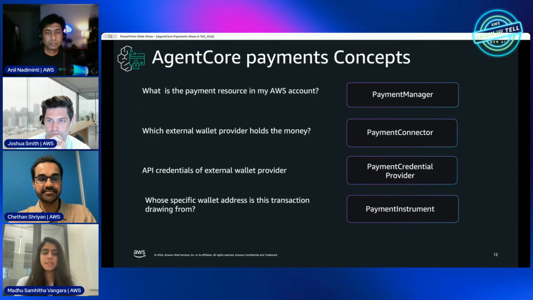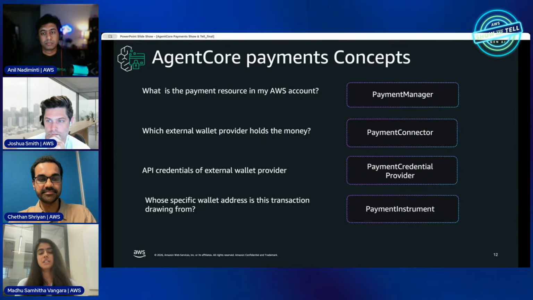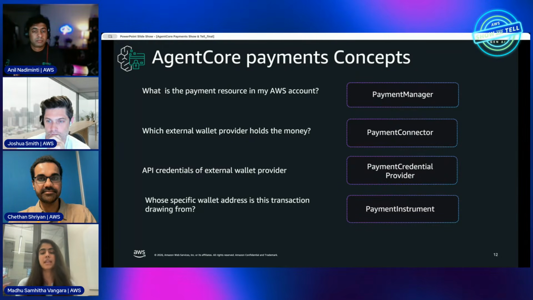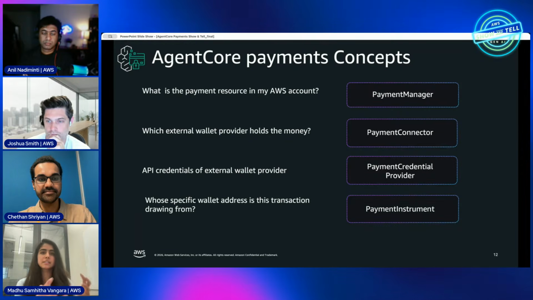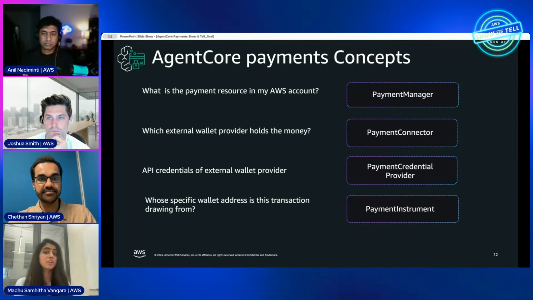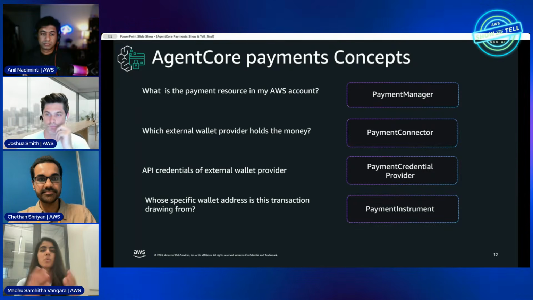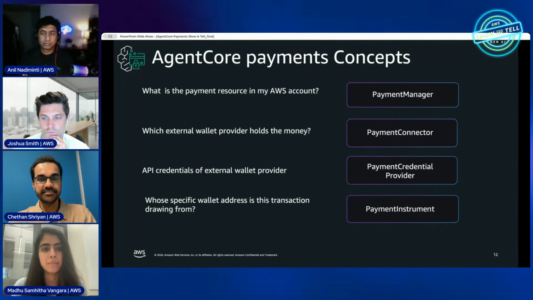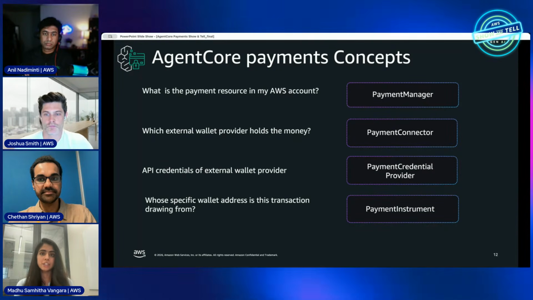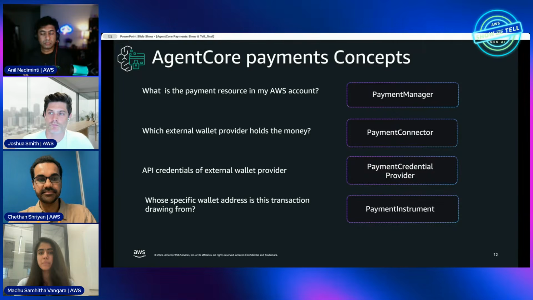In AgentCore payments, we have different core components that connect all of these payments, agents, and paid resources together. To start with, the real payment resource that sits in your AWS account that an agent developer has access to is the top level resource, the payment manager. This is what you create in your AWS account to coordinate the payment operations across your AI agents.